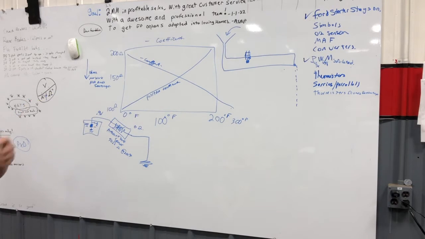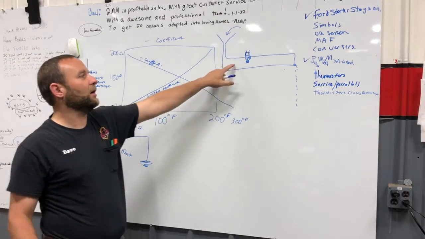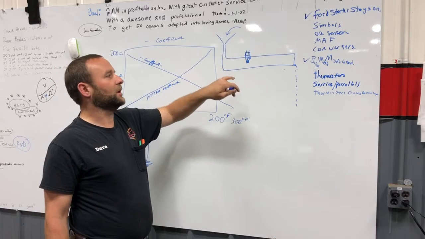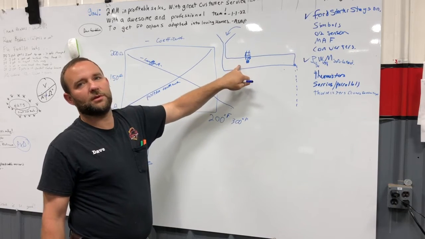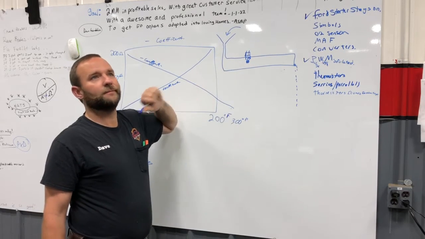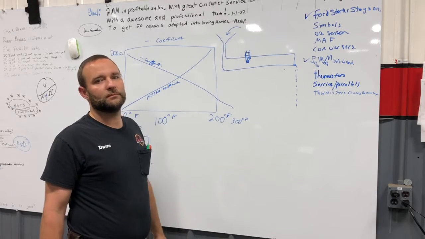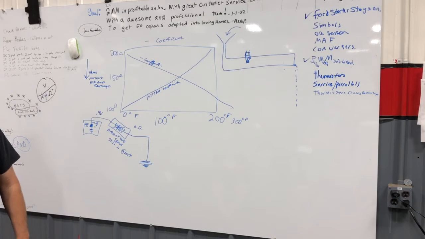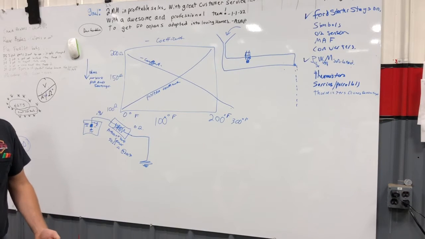Does that make sense? So this could be intake air, this could be coolant temperature, this could be ambient air temperature, this could be the vent temperature, all kinds of stuff like that. So there's a lot of them on a car. There's quite a few. Anytime they need to know what temperature.